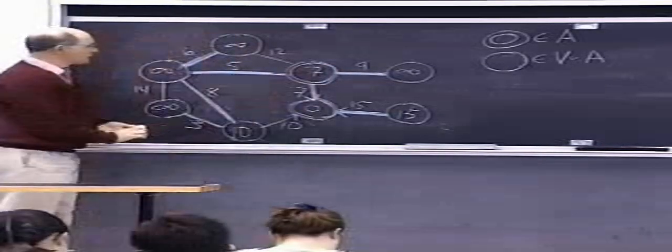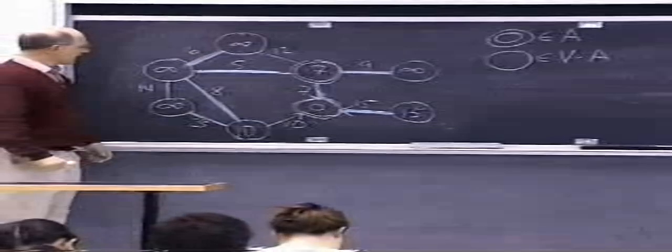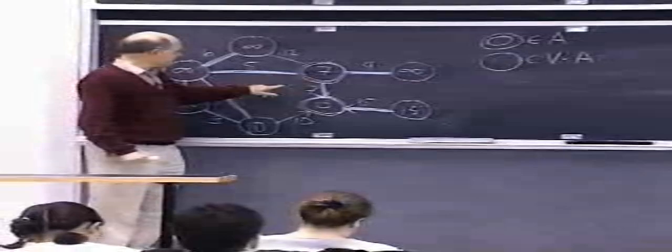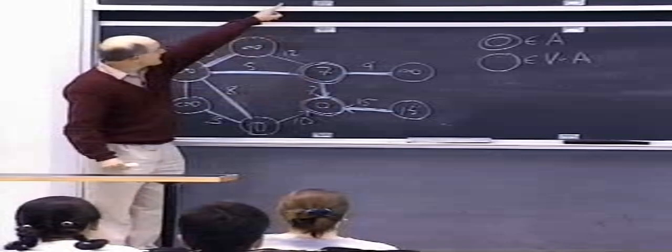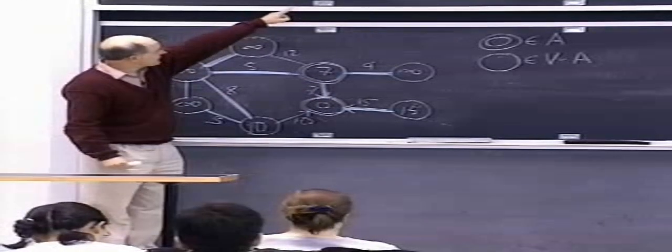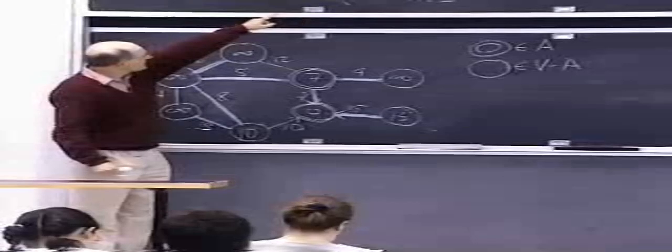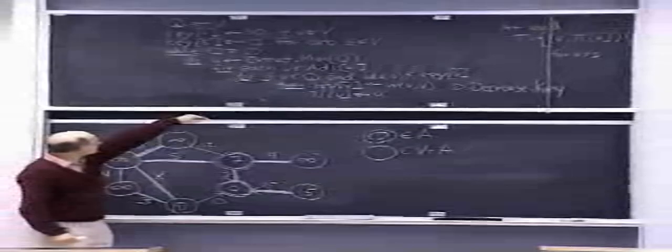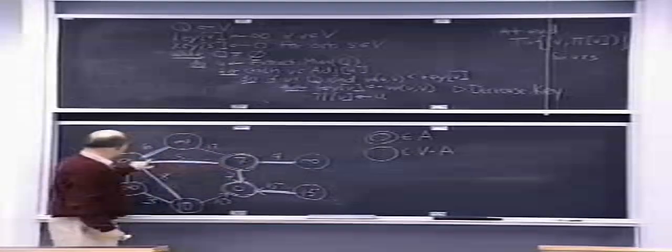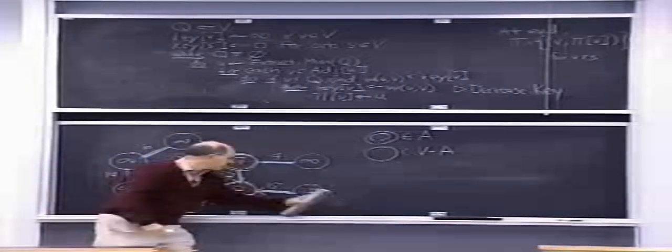Okay, and now I go through the update process again. I check all of its incident edges, and it's got 4 incident edges. Well, this one I don't bother to update because I don't have to, because it's not in Q. It's got to be in Q. Okay, but this one I can update, so that becomes 5.